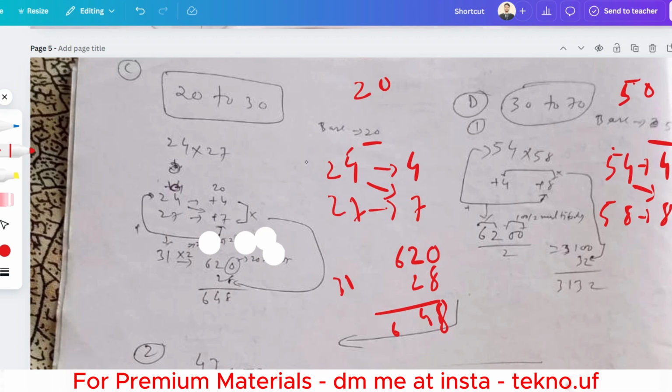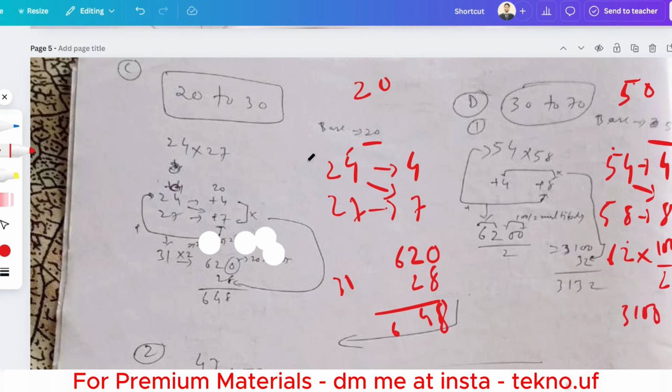Here one extra method is added: you have to add this number 54 plus 8, that is 62, right? You have to multiply this number with 100 by 2. So 62 into 100 by 2, that is 3100.